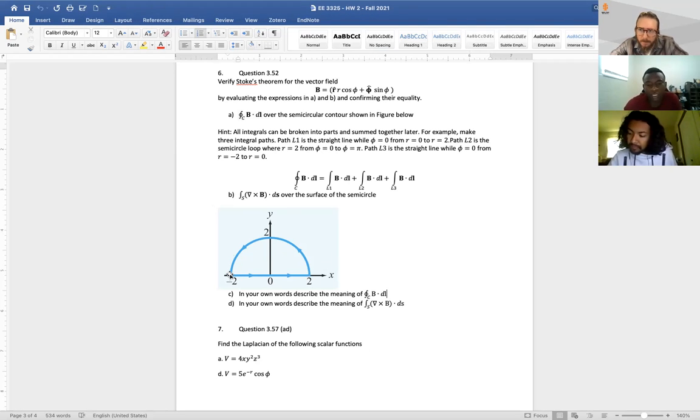I'm using that to picture the problem. That's because this contour goes in one direction. It's a little confusing, but if you integrate from -2 to 2, you're going to get a different answer than if you integrate from 0 to 2 and then from -2 to 0. That's just because of the contour.